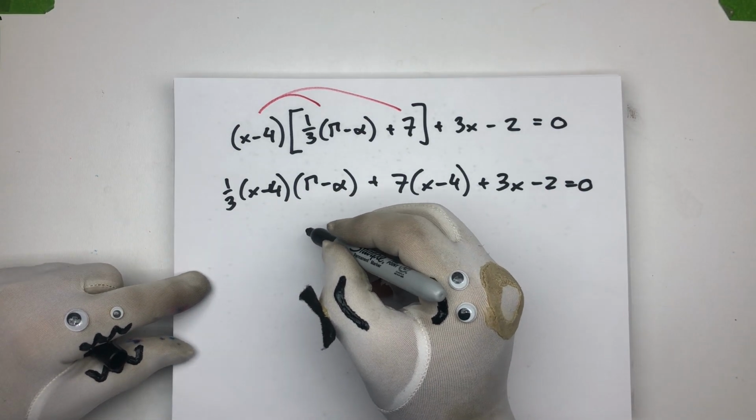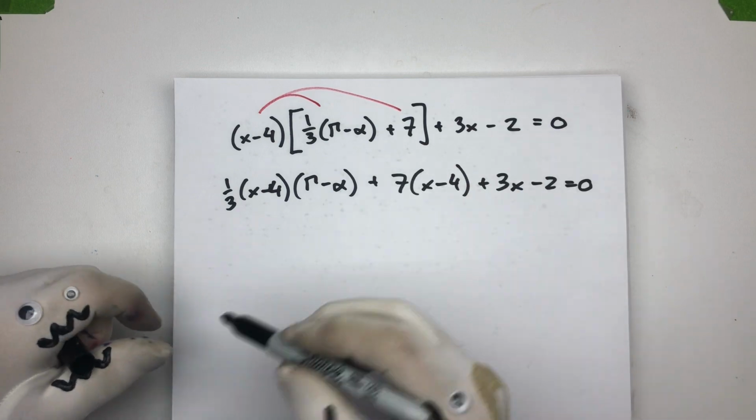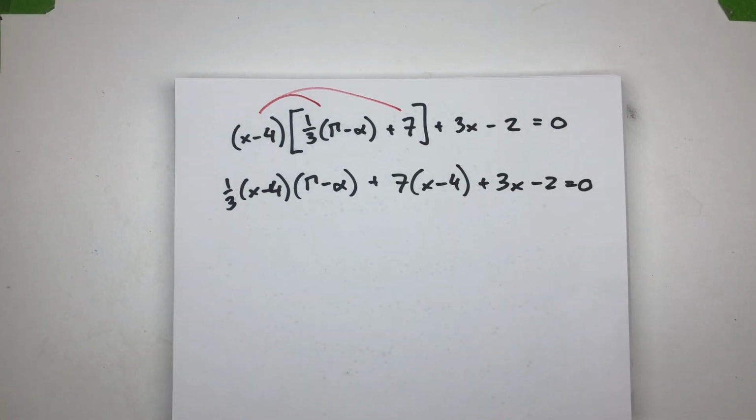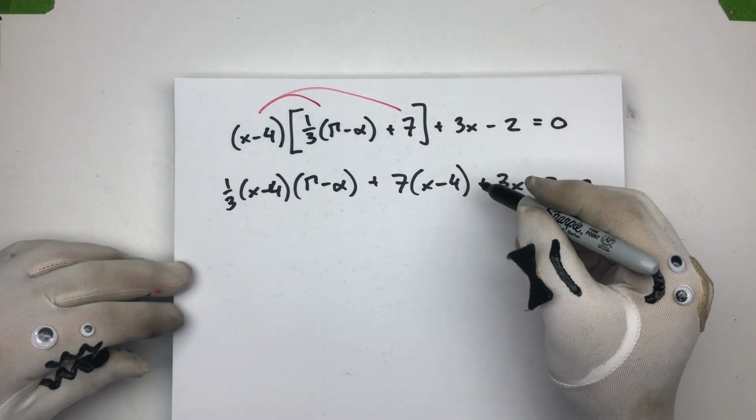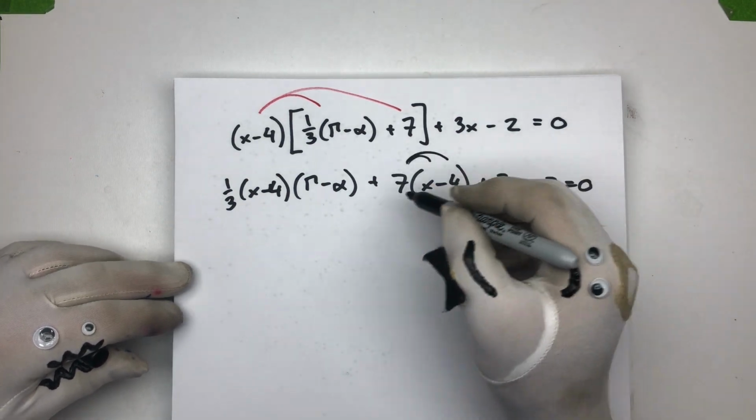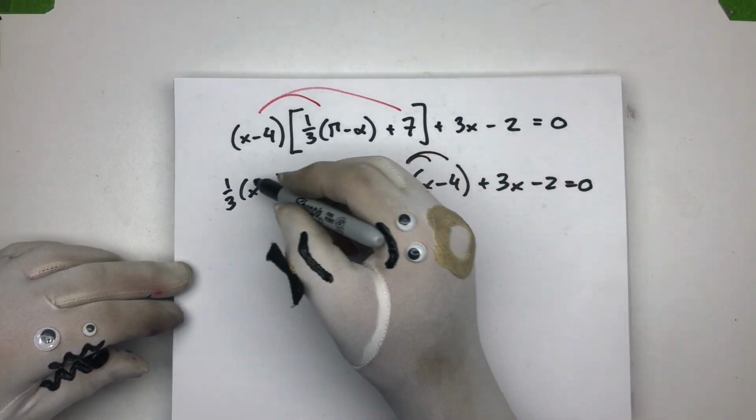So now we're going to expand this guy. Now you could use the FOIL, or we could do the new method here.